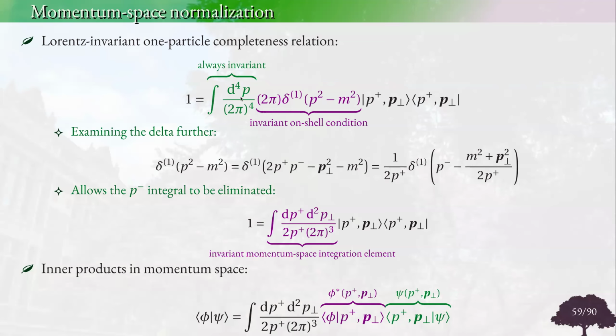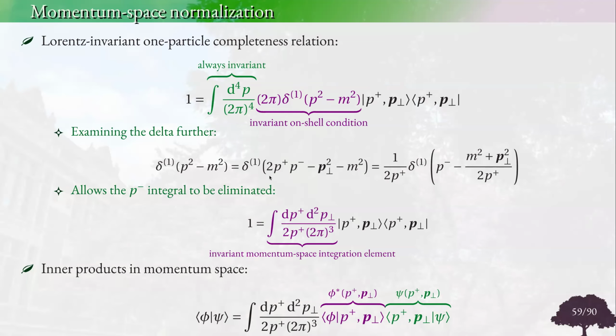And aside from the delta function, we have a four-dimensional integration over four momenta, which is, of course, always invariant. By examining the delta further, we use our standard metric relation that p squared is this quantity here. And then we use the relation for the delta function that if you pull out an overall factor s, then you multiply the delta by 1 over s.